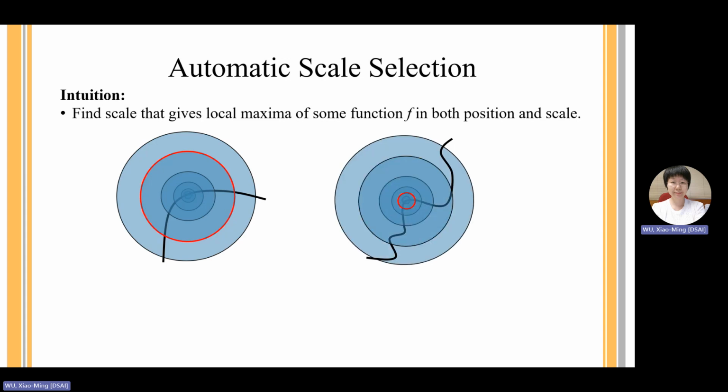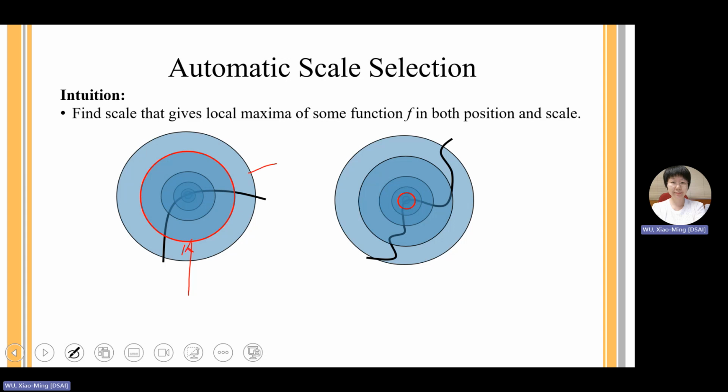Well, let's take a look at these 2 cases, and let's see which window is appropriate. For the left image, which window is most suitable? Well, perhaps the red one, or the largest one.